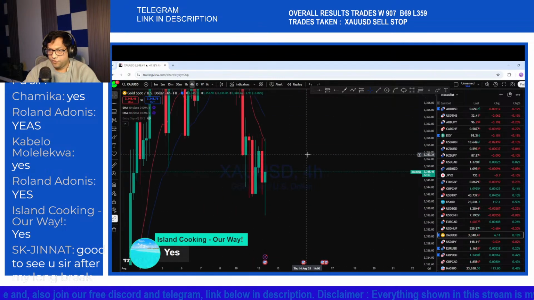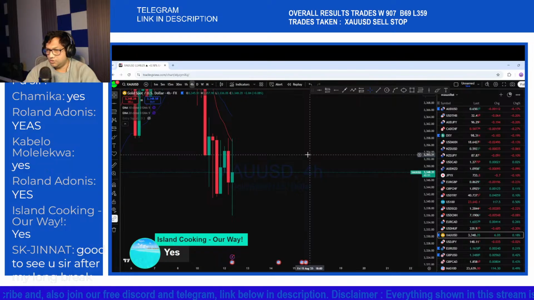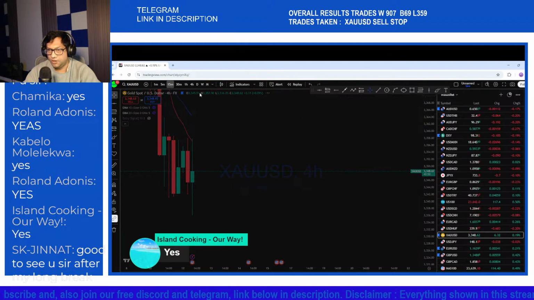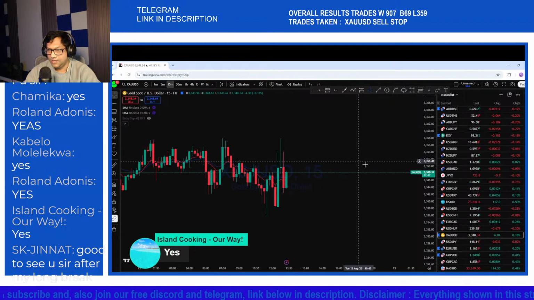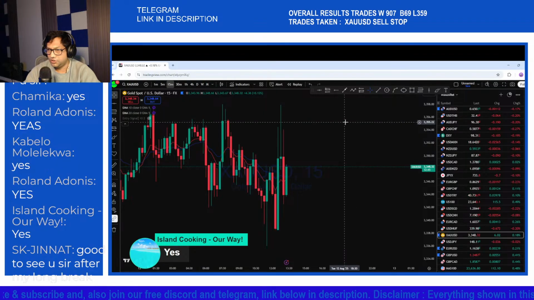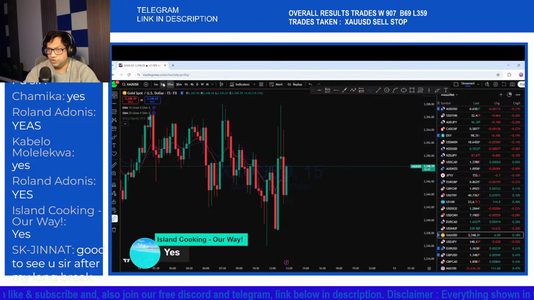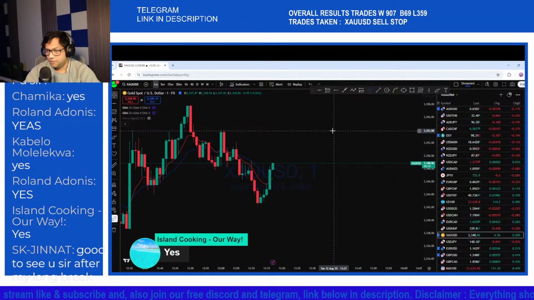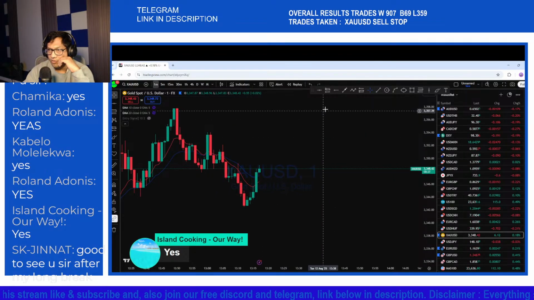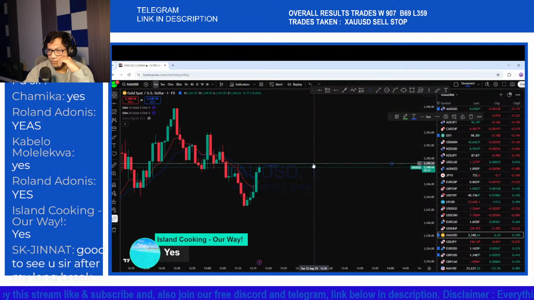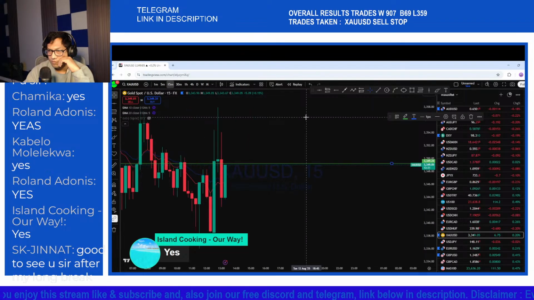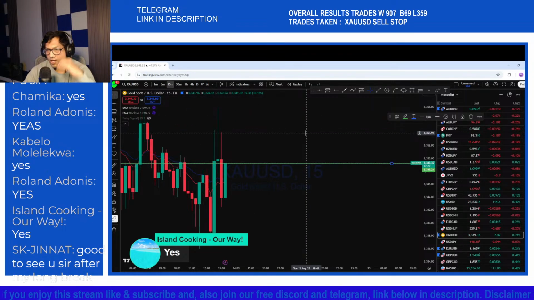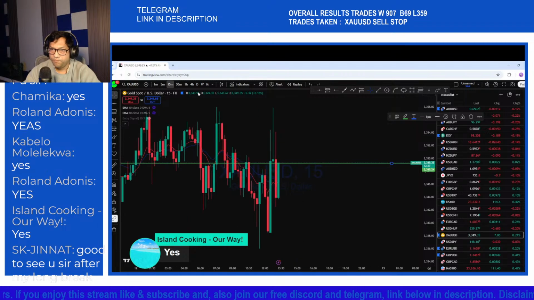Looking at here to see how the market is doing, I've deleted all the lines and levels to see fresh potential entry. Now it might go ahead and bounce back again.